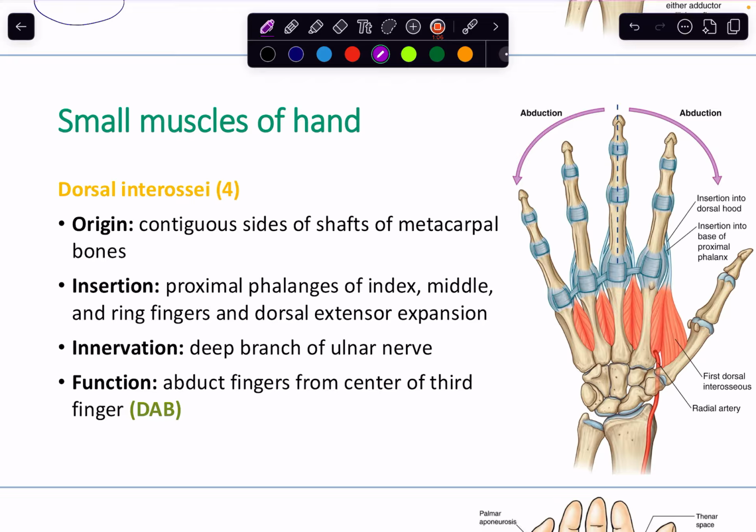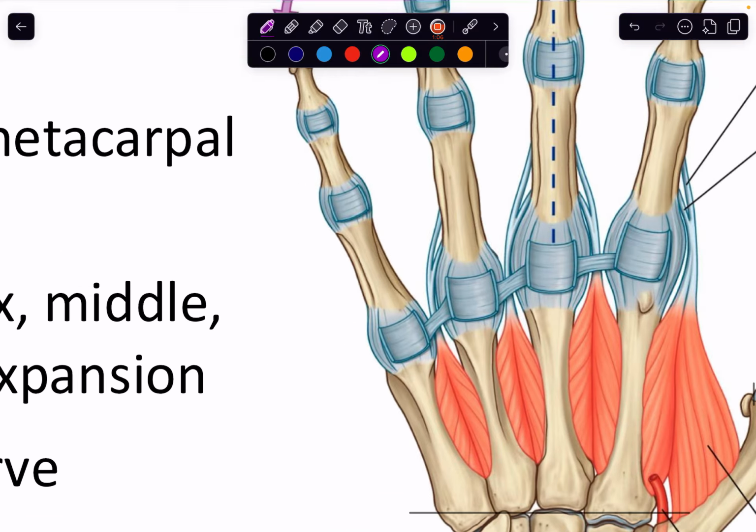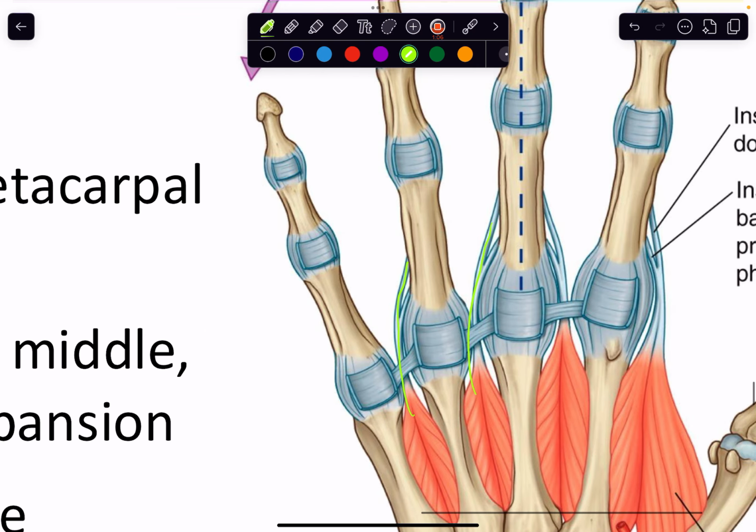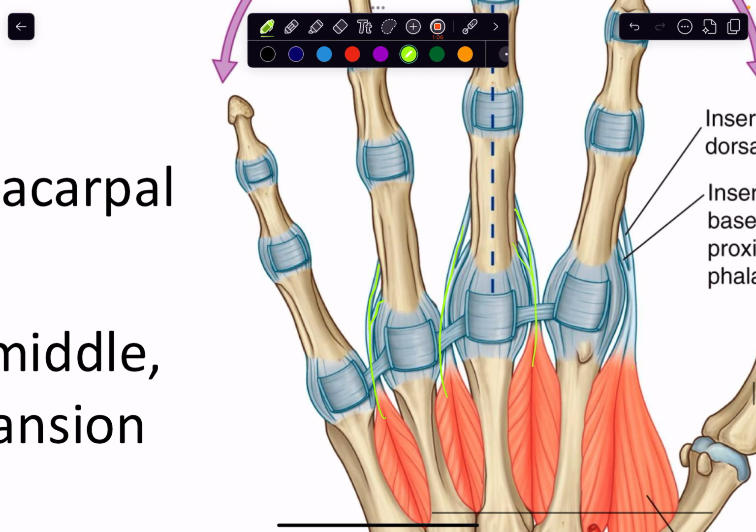What is abduction? Away. Now, for away, just attach oppositely. So, for keeping this finger away from this, you have to pull it from here. For this one, if you pull it away, this is here. What about the last one?